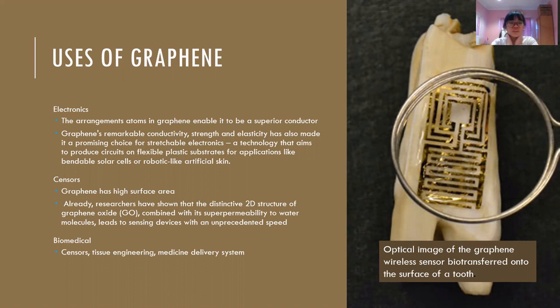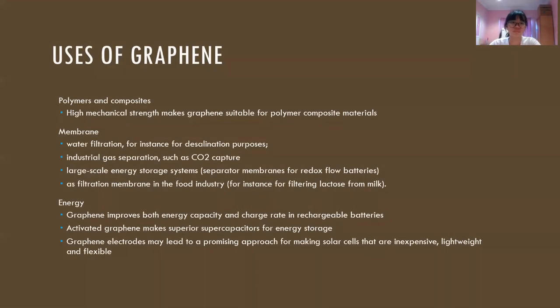Another example of graphene use is biomedical, such as sensors, tissue engineering, and medical delivery systems. The optical image of graphene wireless sensors biotransferred onto the surface of the tube. Moreover, graphene can be used for polymers and composites, because high mechanical strength makes graphene suitable for polymer composite materials.